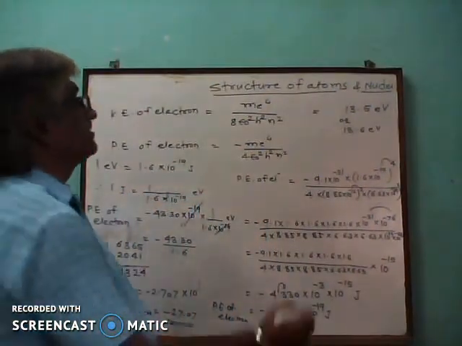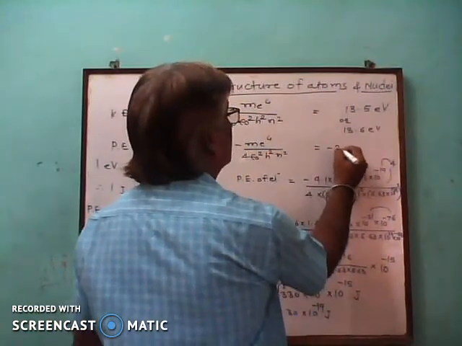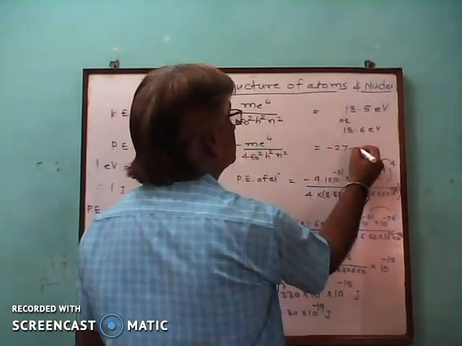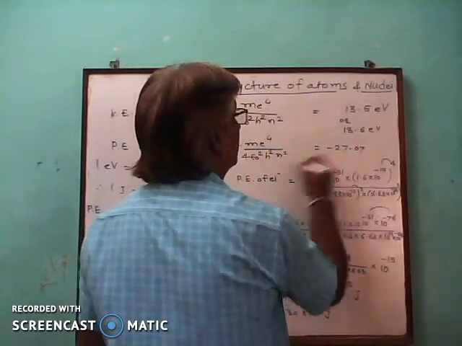Okay, the potential energy is minus 27.07.